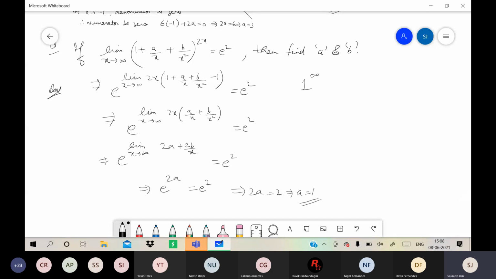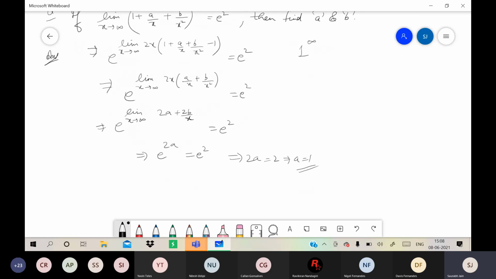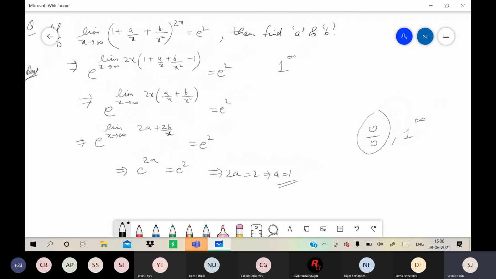So in this we have used the type 1 to the power infinity. We solved a question on 0 by 0, and we solved a question on 1 to the power infinity. So like that you have to identify the indeterminate forms and work accordingly.